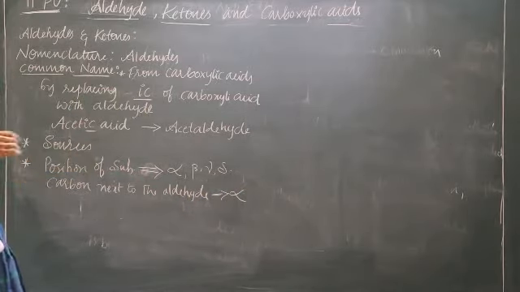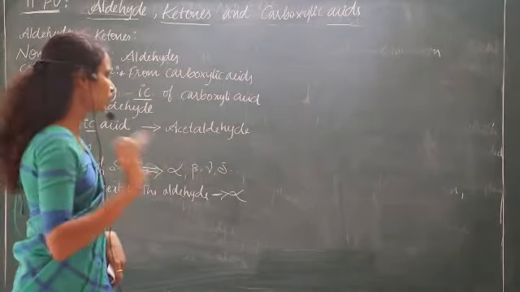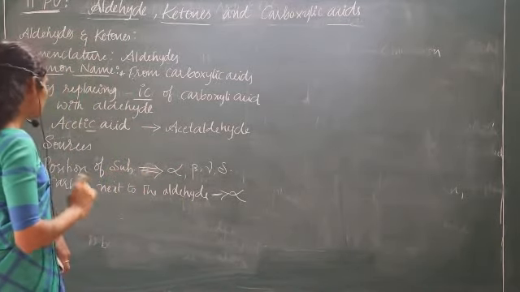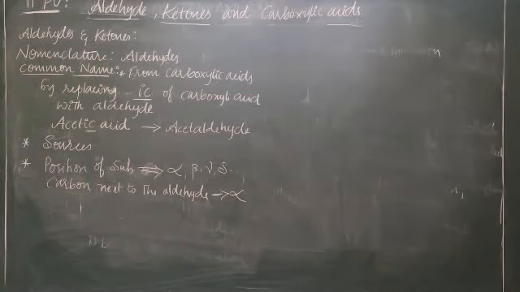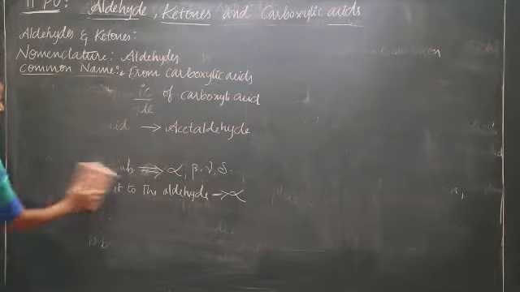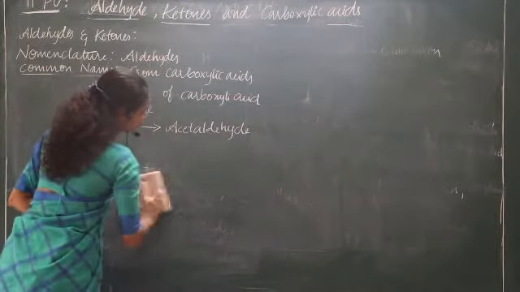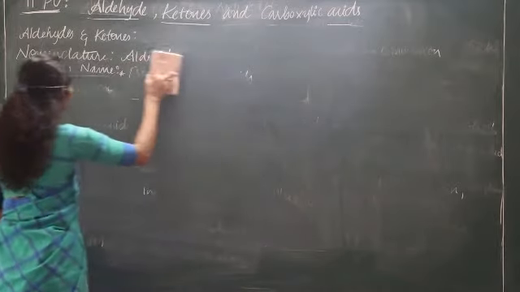After that, next to the alpha carbon, it will be beta carbon. This is about the nomenclature of aldehydes in the common system of naming. Let us take a few examples for this alpha, beta, gamma and all.